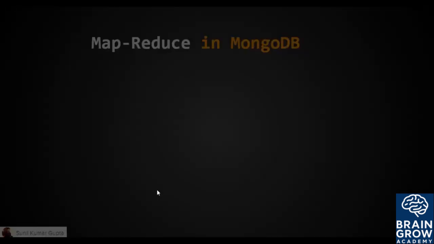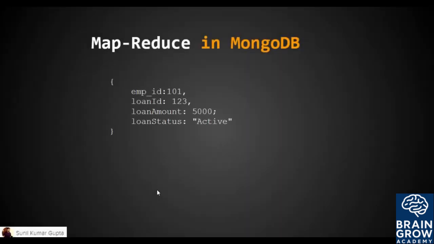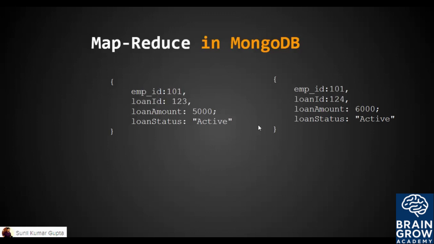Suppose we have a document containing employee details, and the employee has a few loans. The document contains employee ID, loan amount and loan status. There will be several documents for the same employee, like one employee can have many loans with different banks or the same bank.